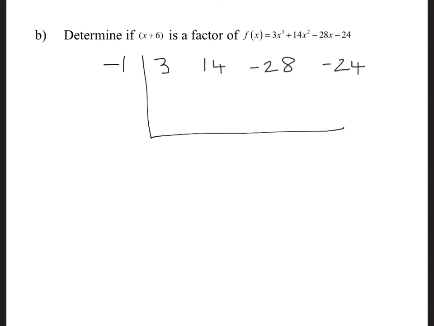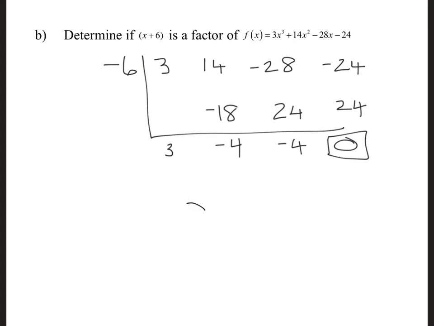Okay, determine if x plus 6 is a factor of, so we do the same thing, 3, 14, negative 28, negative 24, and here we are going to use negative 6, so that's 3, negative 18, so negative 4, so that's 24, so negative 24, oh, sorry, not negative 24, but negative 4, and that will be 24, so 0.